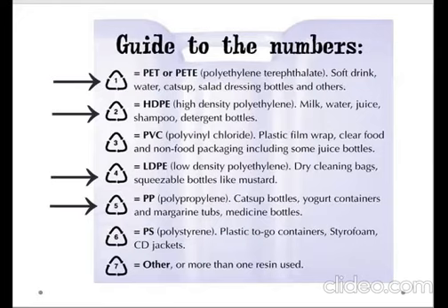Kapag nakita nyo, for example, uminom kayo ng tubig and then tinignan nyo yung kanyang code, yung kanyang number. So kung napansin nyo po doon, ang nakasulat ay numbers 1 o di kaya number 2, 4, or 5, ibig sabihin po, safe po yan sila na gamitin ng mga plastic. Pero kung nakasulat po ng mga numbers ay number 3 o di kaya number 6 o di kaya number 7, mga toxic po yan sila na plastic.